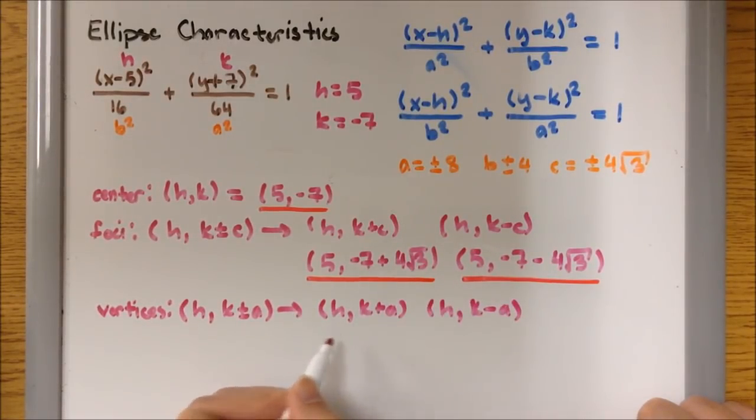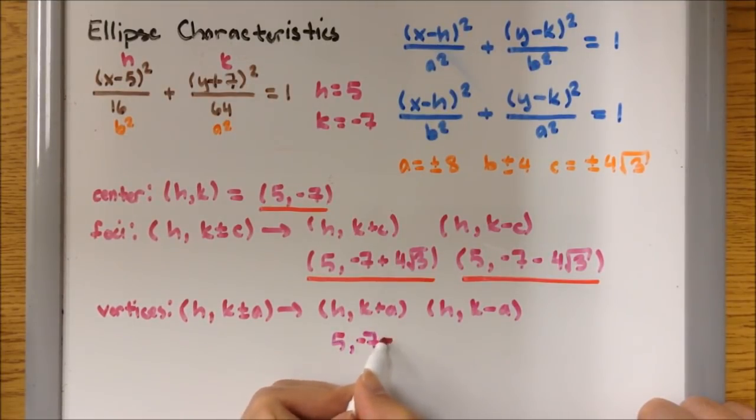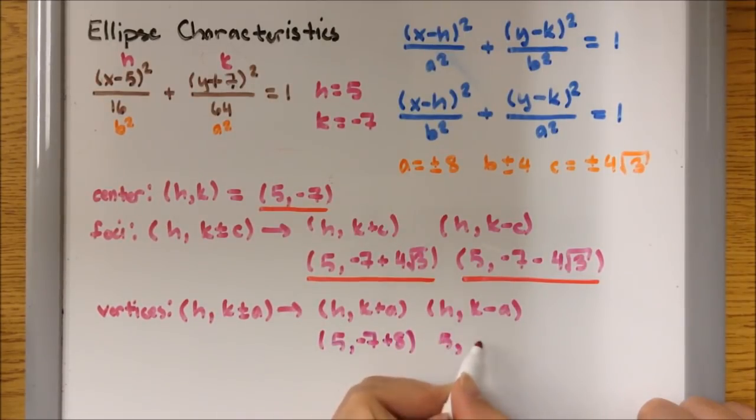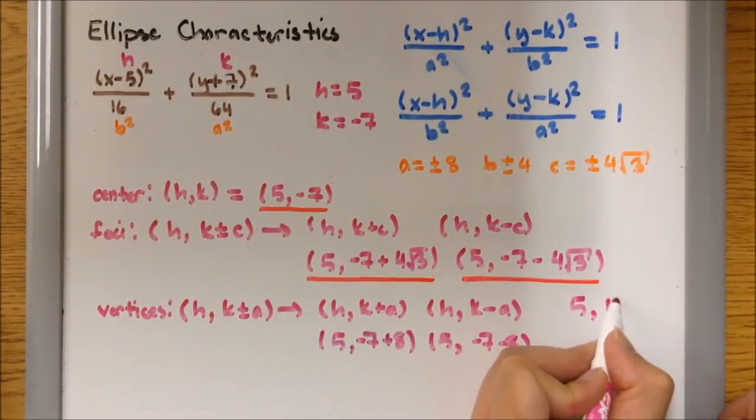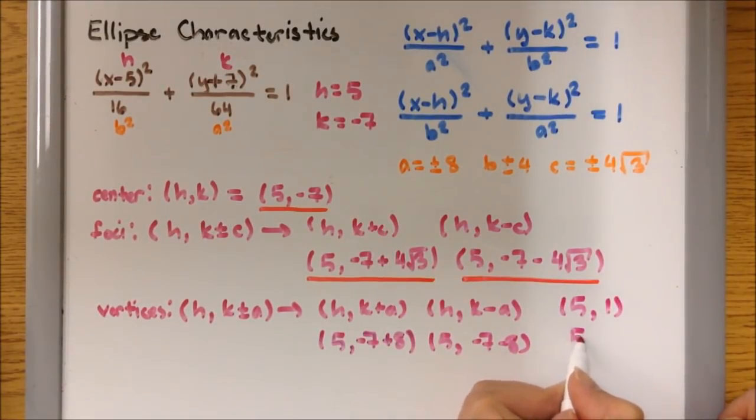I'm just going to plug in the values. So 5, negative 7 plus 8, and then 5, comma, negative 7 minus 8. So our 2 points will be 5, comma, 1, and then 5, comma, negative 15. Those will be our 2 vertex points.